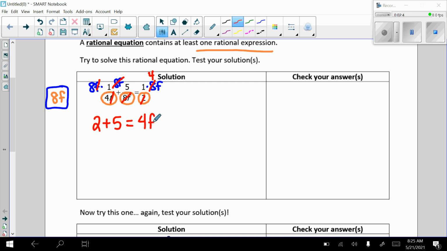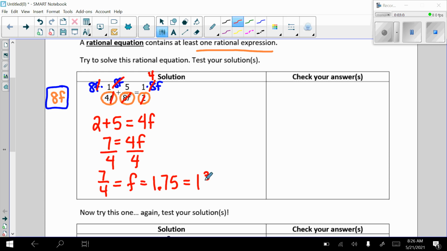And then we go ahead and we solve. So we get 7 equals 4f, divide, divide, and we find that f equals 7 over 4. As a decimal, which I'm not a huge fan of decimals, I'd rather the fraction. You could keep it as 1.75, or of course 1 and 3/4. All of those are acceptable answers.